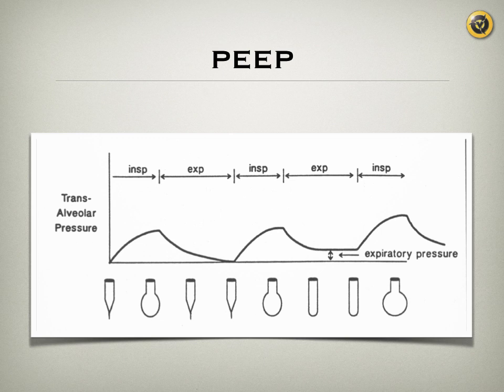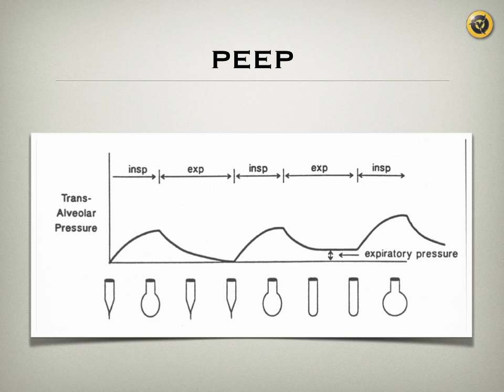So at the end of expiration, instead of the walls of the alveoli sticking together and the surface tension having to be broken to open again, they remain stented open, and hence they can open in the next cycle with less pressure and easier. So those are units that you recruited, and when you recruit units that were not opening before, which were shunt, that means you are decreasing the shunt and hence improving oxygenation.